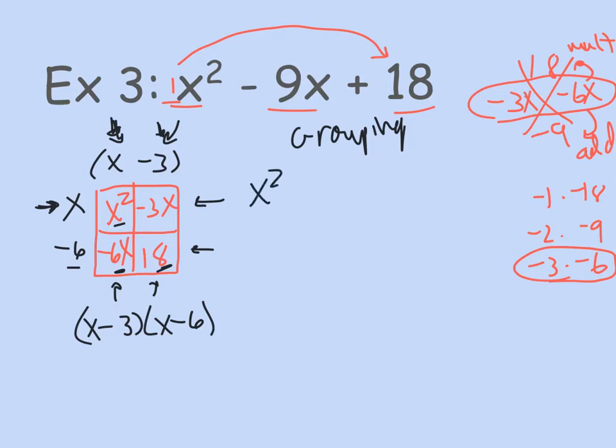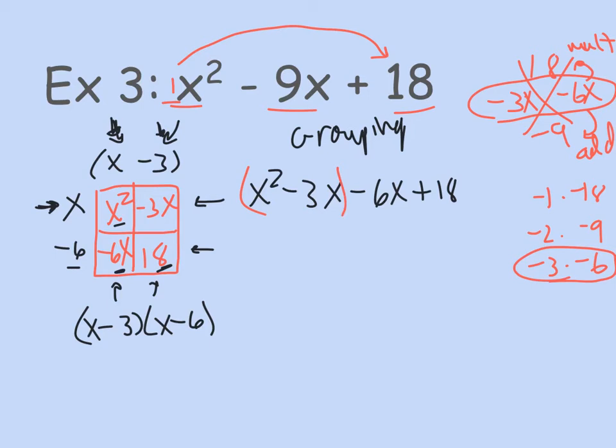Okay? If you want to do the grouping method, so x squared minus 3x minus 6x plus 18. That'll work for me. I am going to group it.